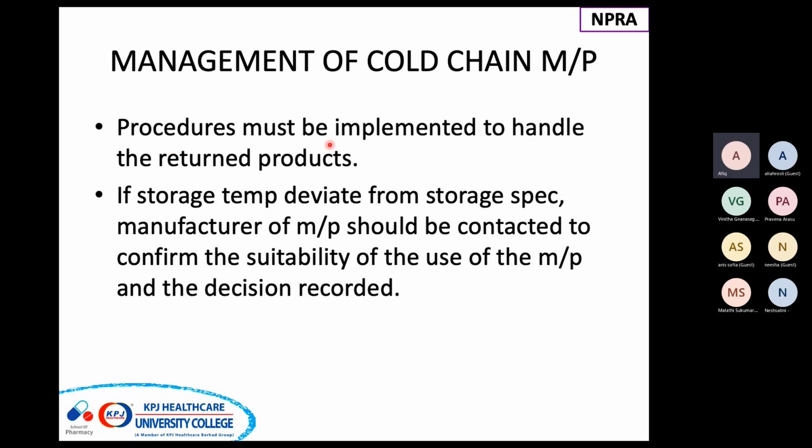Procedures also must be implemented to handle returned products for cold chain materials and products. If storage temperature deviates from the storage specification, the manufacturer of the material should be contacted to confirm the suitability of the use of the material or product, and the decision will be recorded.